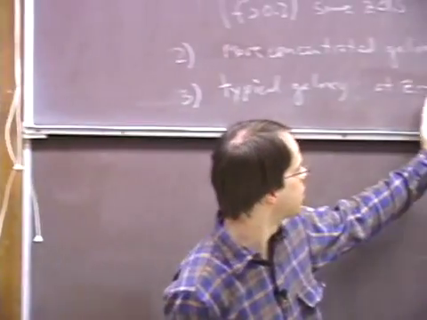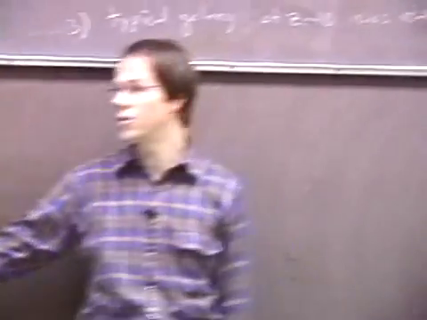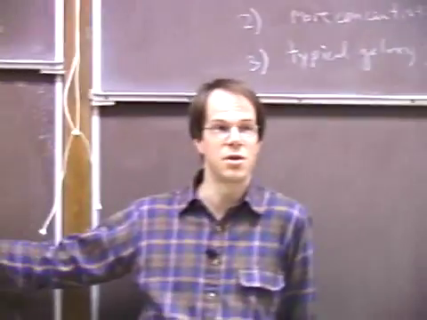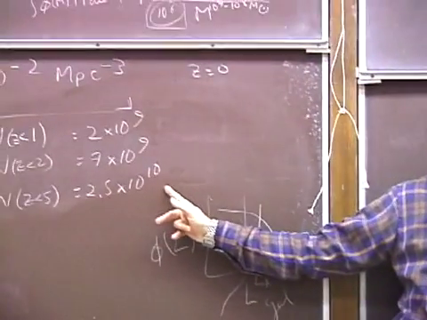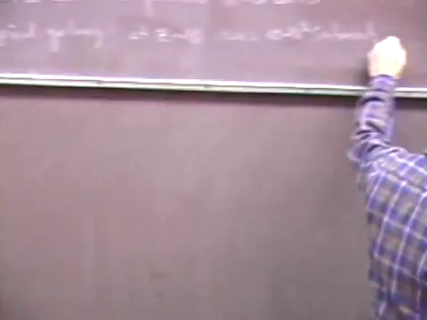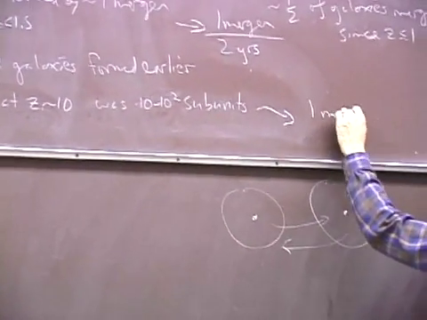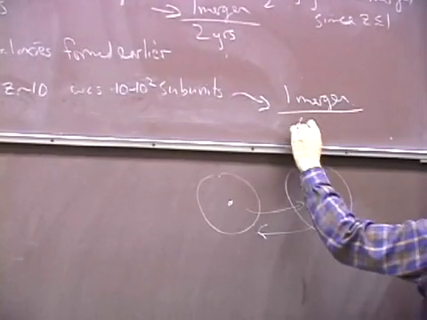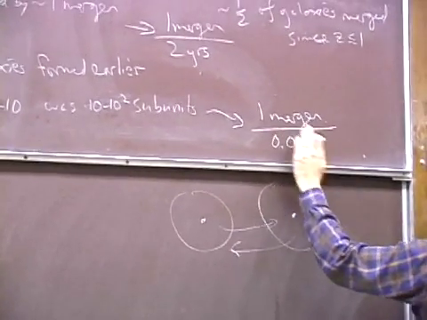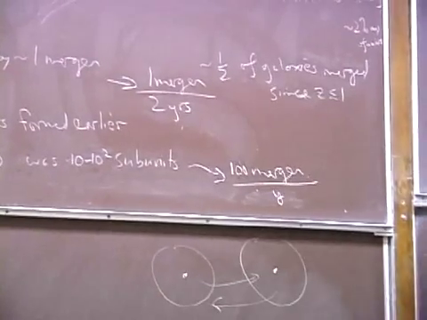So that means that out to a redshift of 10, if each one of these was actually 10 or 100 subunits, then we're talking something like 10 to the 12th subunits which are merging in the age of the universe. So if we could see out to a redshift of 10 in some way, we're talking something like one merger per 0.01 year, or 100 mergers per year of these subunits.